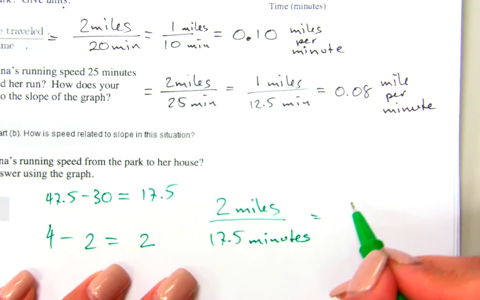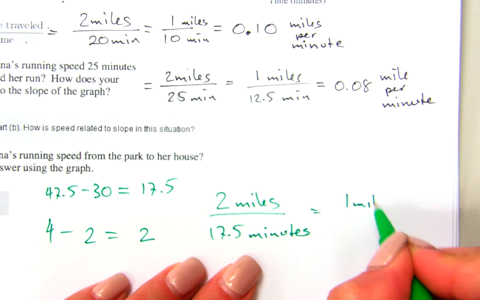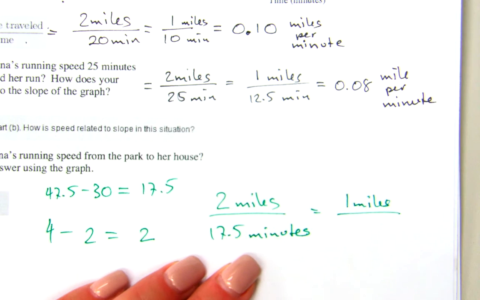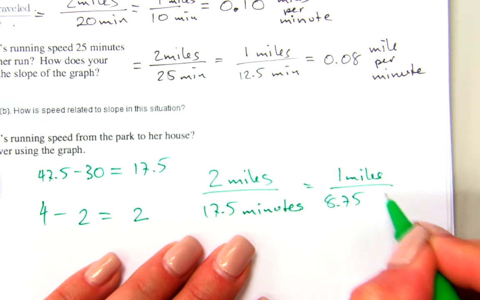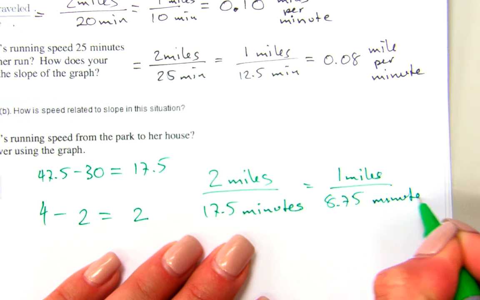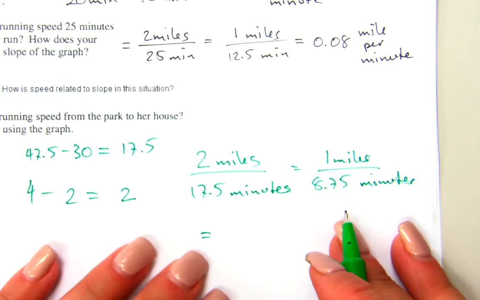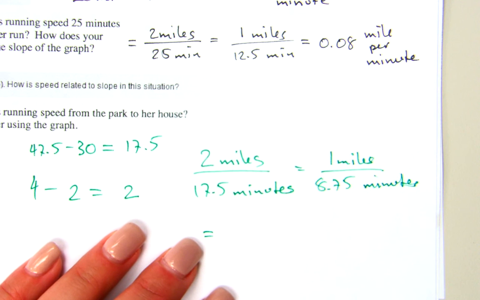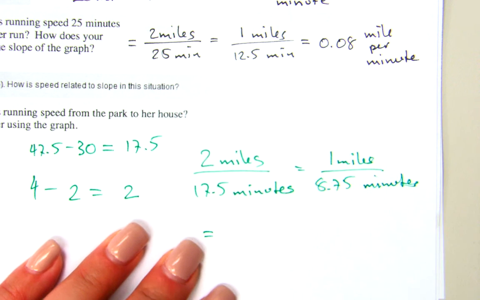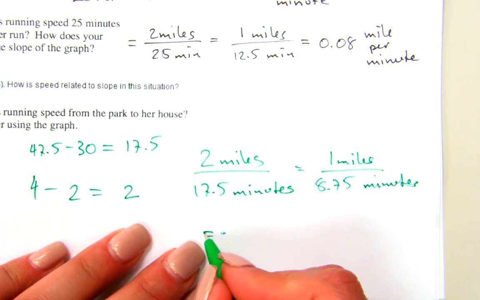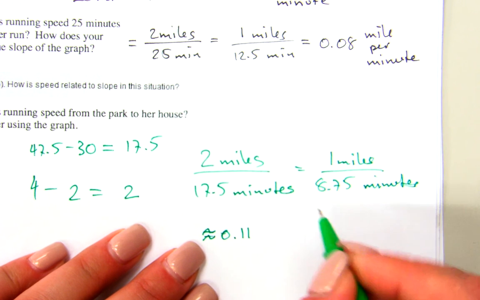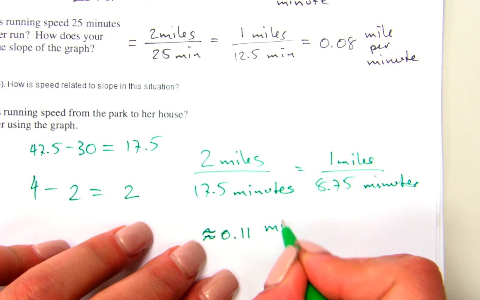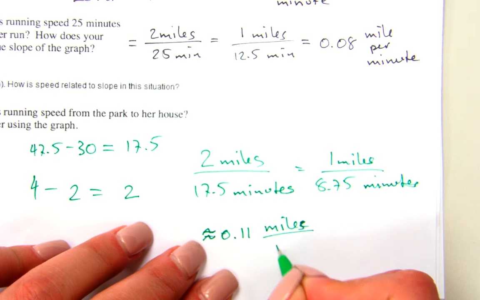And then that gives you 1 mile in 8.75 minutes. So technically she ran 1 divided by 8.75, so she ran around 0.11 of a mile per minute.